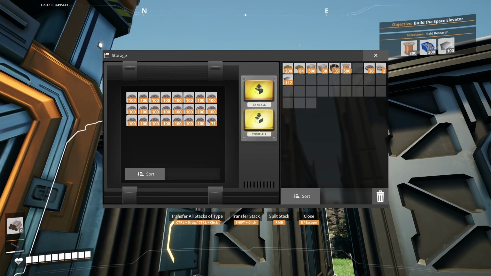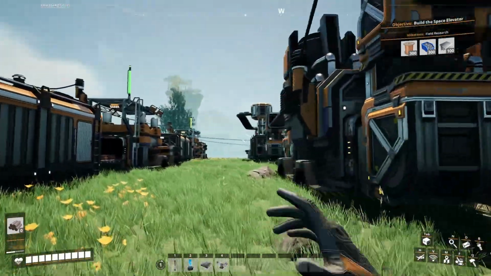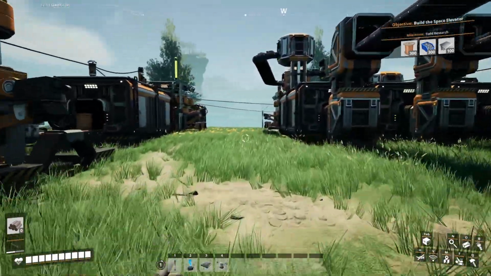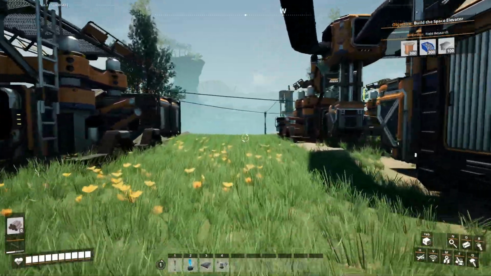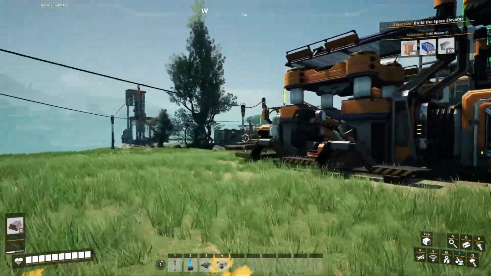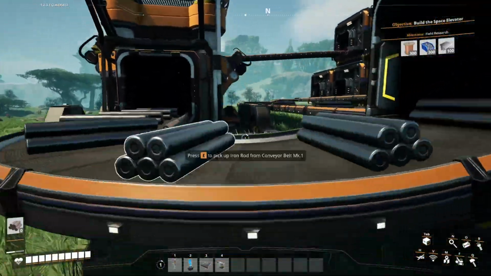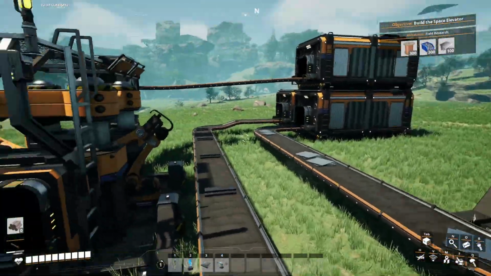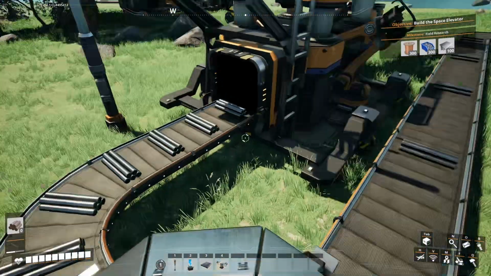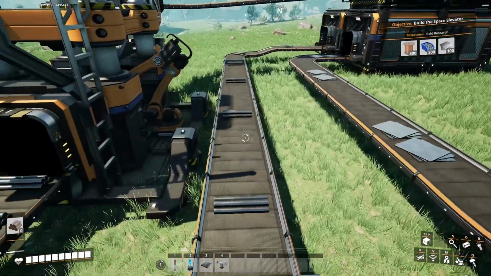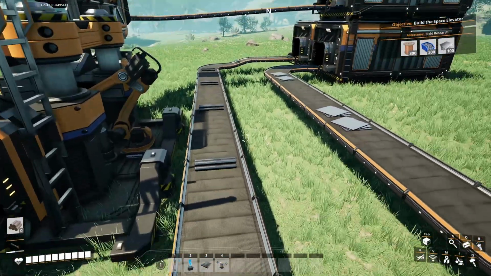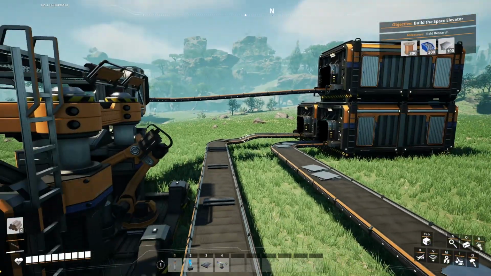Nice. Actually, what I should do... I wanted to split the iron rods here, because I do need iron rods that are unprocessed for some stuff.